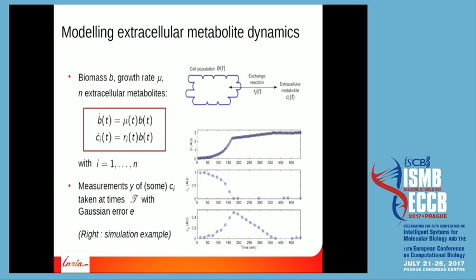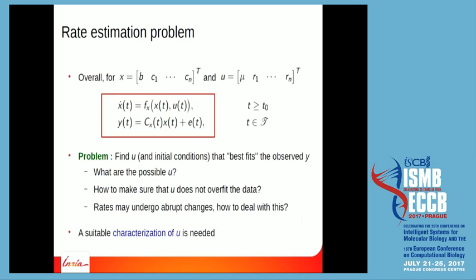So this previous model, comprising n+1 equations, can be summarized into a state space model of this kind, where X is the full state including biomass and the n concentrations at time t, and the unknown rates, which are the growth rate and the exchange rates Ri, are collected into an input vector u, which is basically the thing that we want to estimate over time.